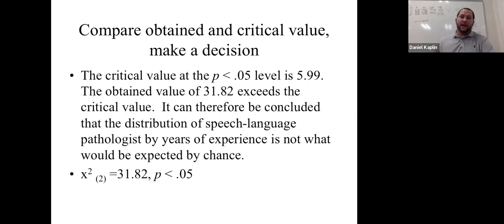So when we compare our chi-square value with 2 degrees of freedom, we see that our chi-square exceeds the critical value of 5.99, and therefore it can be concluded that the distribution of speech and language pathologists by years of experience is not what we would have expected by chance. This is, as I said, there is an overrepresentation of early career professionals.